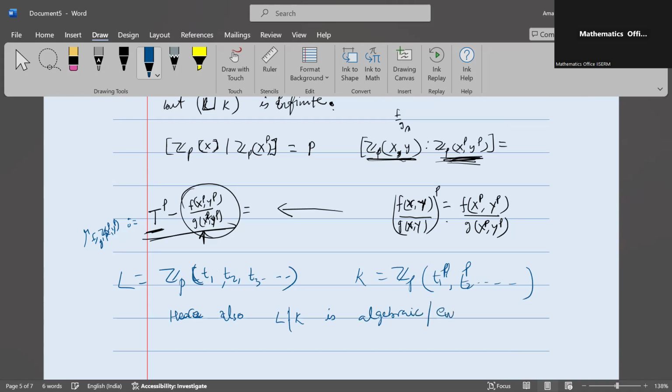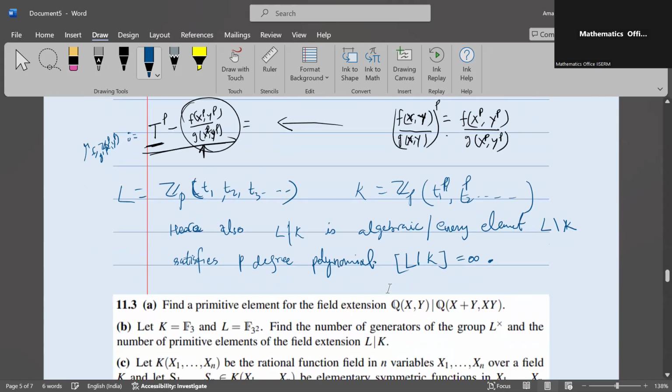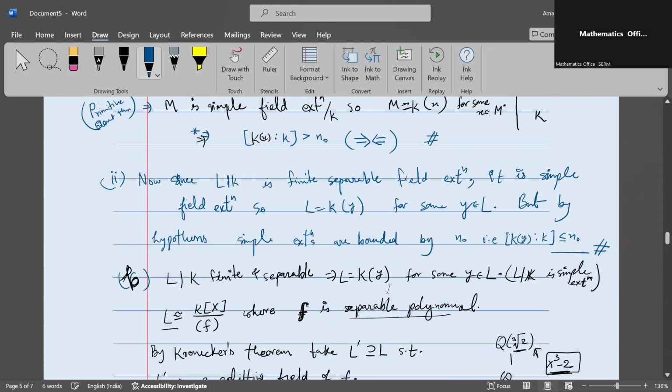Not only this, every element in L outside K satisfies a degree p polynomial. But L over K is infinite. So this is the example we want.